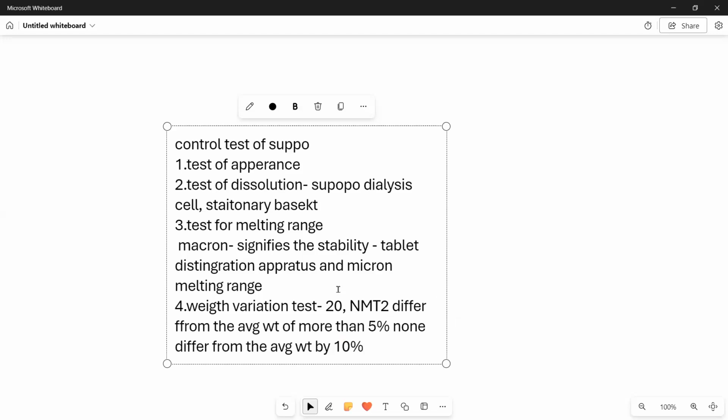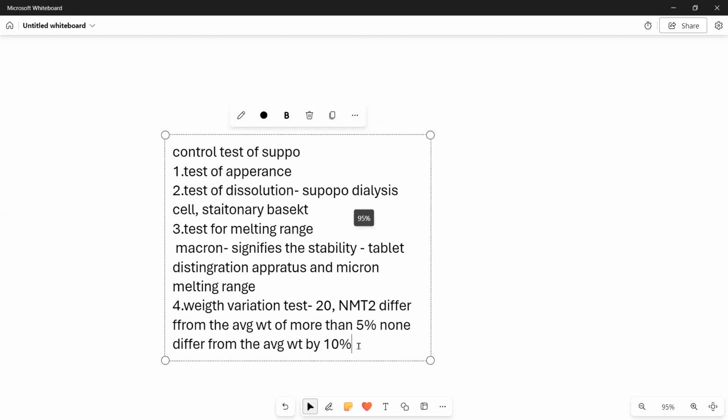So this is generally the criteria for the weight variation test. The fifth test, which is generally connected, is the test for the softening time.